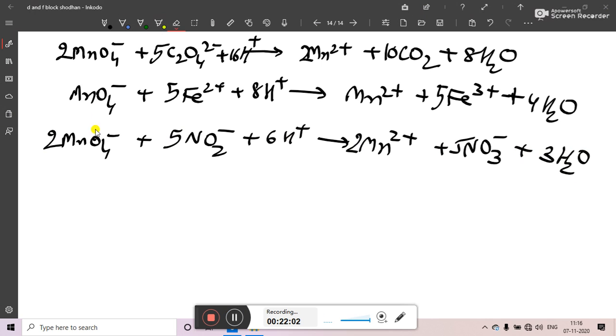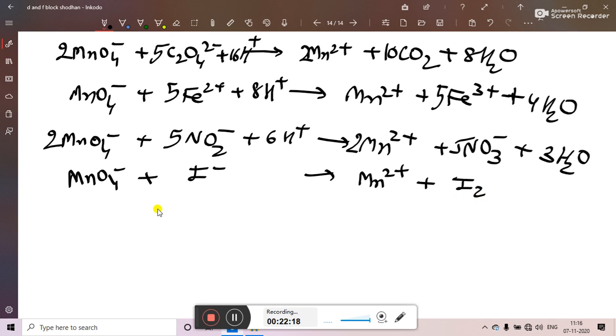Thereafter, permanganate ion can oxidize iodide into iodine. MnO4 minus can oxidize iodide ion in acidic medium. In that case, MnO4 minus will form Mn2 plus and iodide will form iodine. In MnO4 minus, the oxidation number of Mn is plus 7.